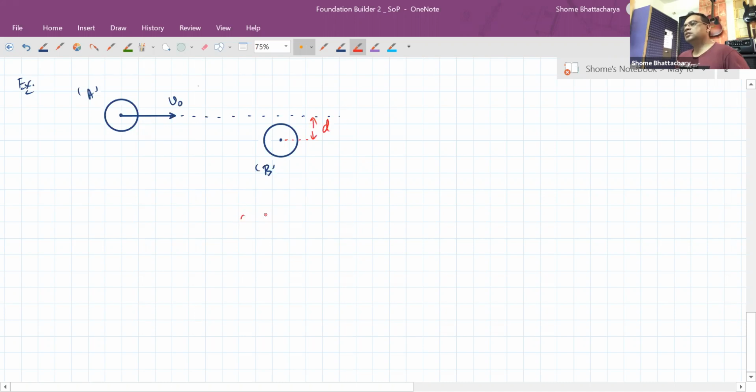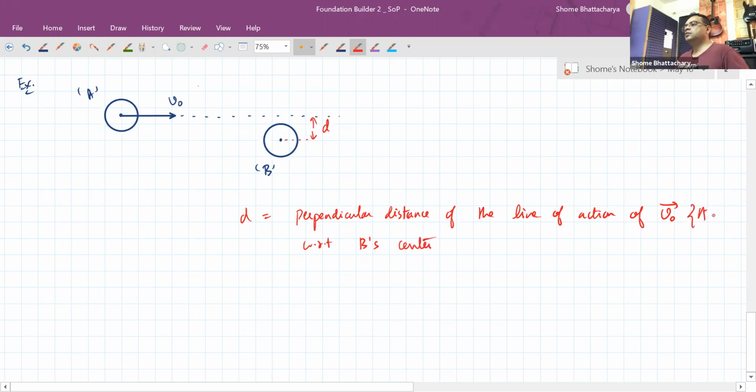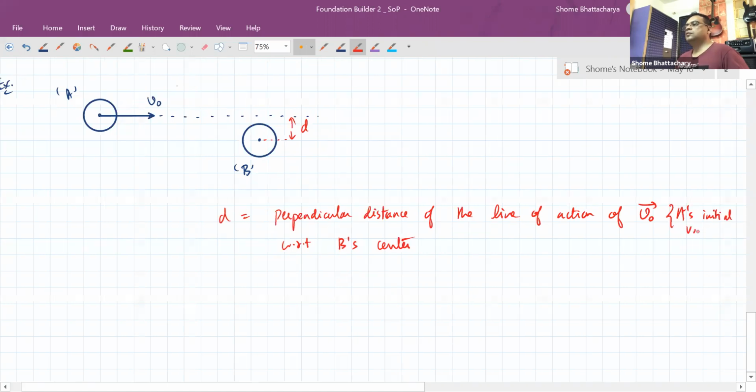So d is equal to the perpendicular distance of the line of action of A's initial velocity v0 with respect to B's center. So this quantity d is called the impact parameter.